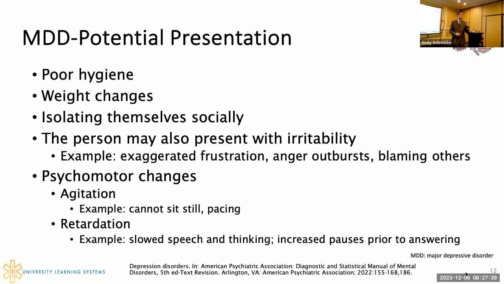Sometimes those are thought of as just anger outbursts, but those are symptoms of depression that are more often seen in males than in females. I'm not saying that females don't get irritated and angry as well, they do, all right? And men also cry and so forth, but sometimes we tend to miss these symptoms.